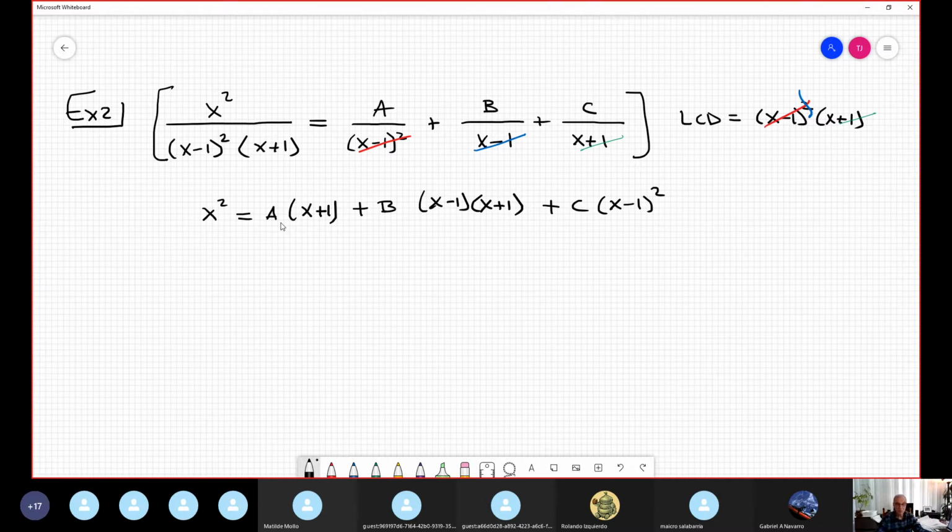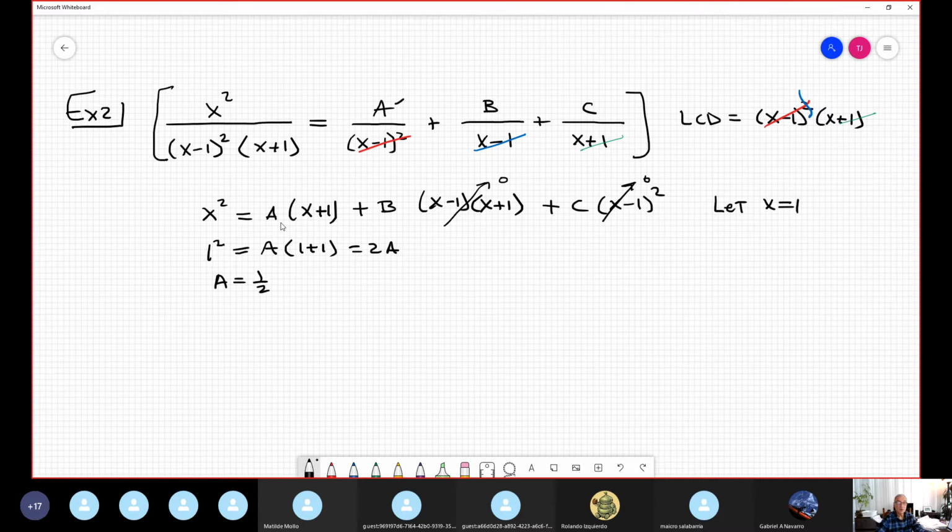So say, for example, what is the frame guy? The frame guy is you let, suppose, x equal 1. Wow, when you are doing x equal 1 and plugging in here, it's obvious, okay, 1 minus 1 is 0, so this guy is gone, and this guy is gone, and stay alive only A. So 1 squared is equal to A times 1 plus 1. 1 plus 1 is 2, and 1 squared is 1, therefore the A value is 1 half.